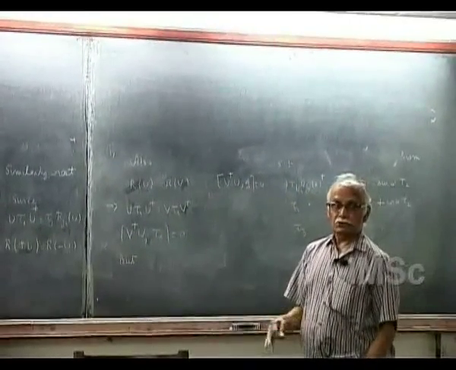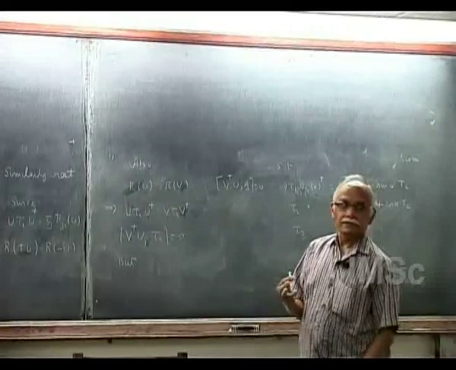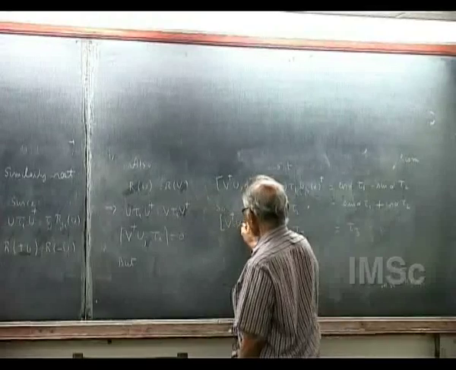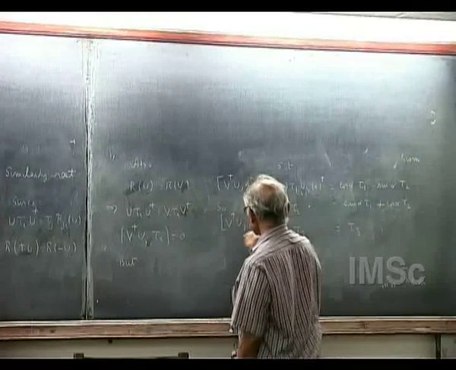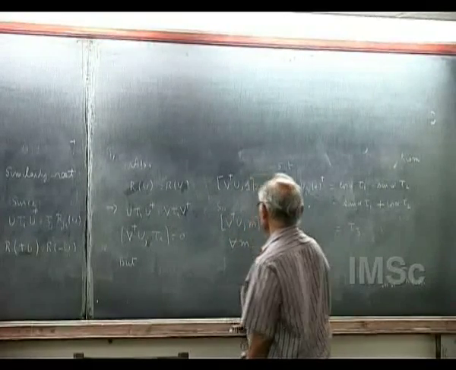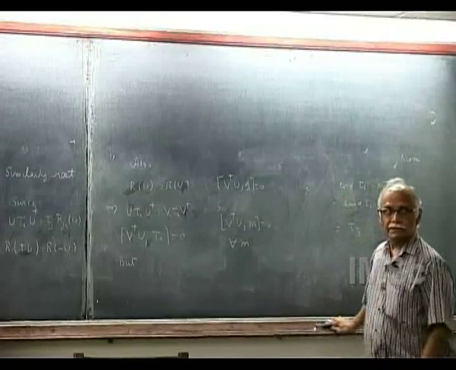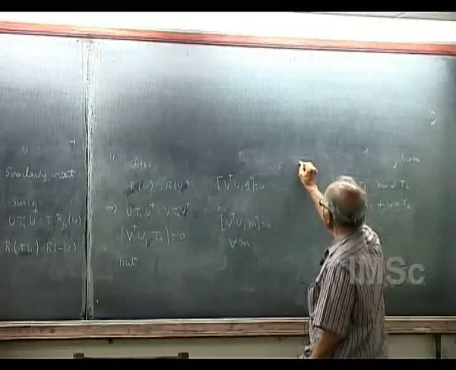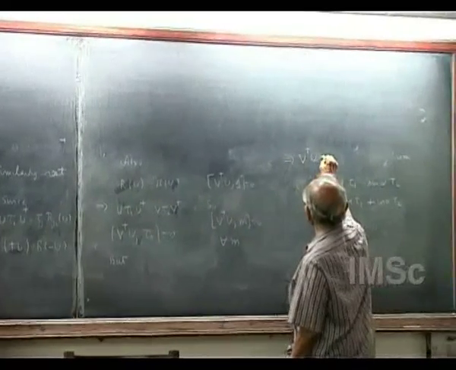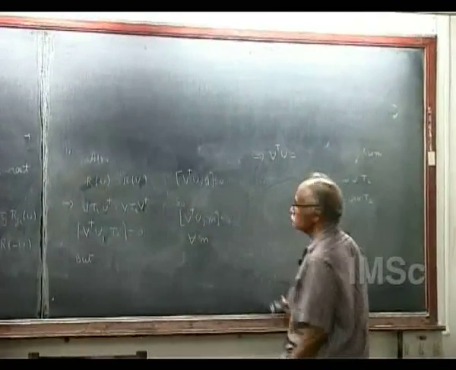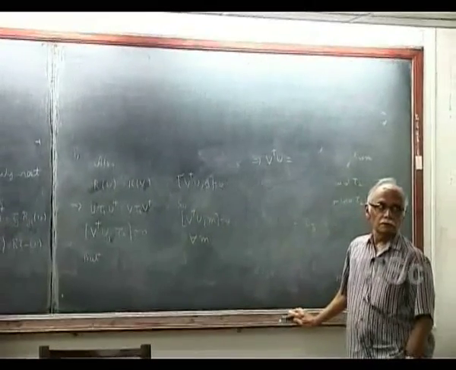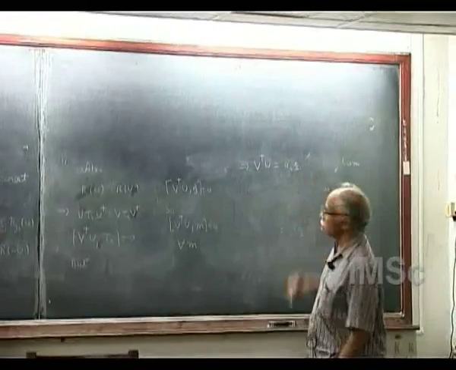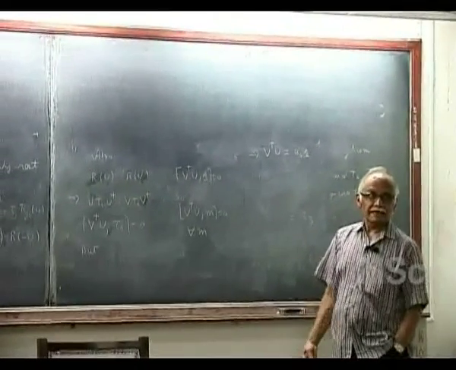So v dagger u commutes with all two by two matrices. Okay, so v dagger u m minus m v dagger u is 0 for all m. So what can I say about v dagger u? What is the matrix which commutes with every matrix? It's a multiple of the identity. Okay? So all that can be is alpha 0 times 1. From this I can infer what I want.